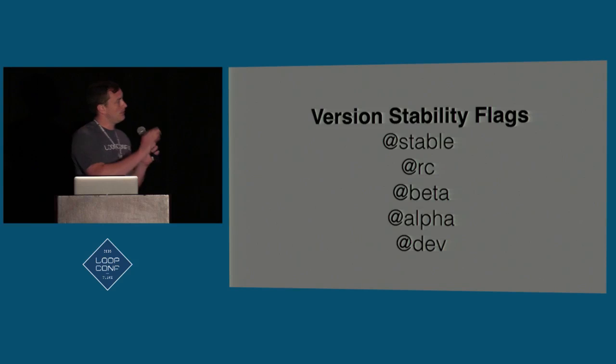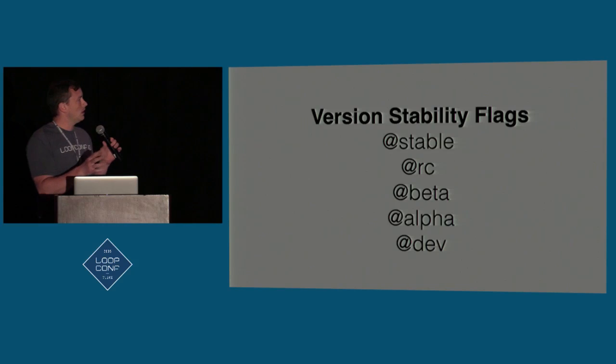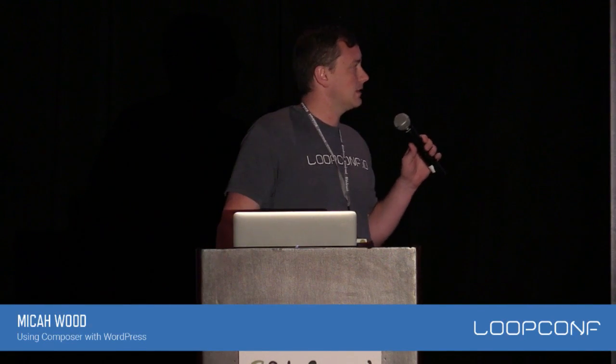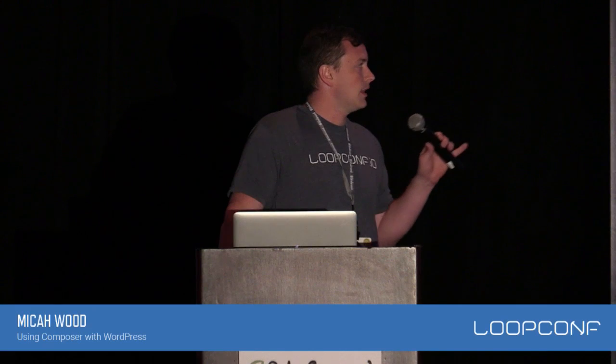So you can specify the version and then @stable, or you can just specify @stable and get whatever the most recent stable version is. Those are some handy tags that you can use if you want. For example, if you're creating a custom thing and you want to make sure you always load the dev version, you can specify that and know that you get the latest dev version when you do composer update.